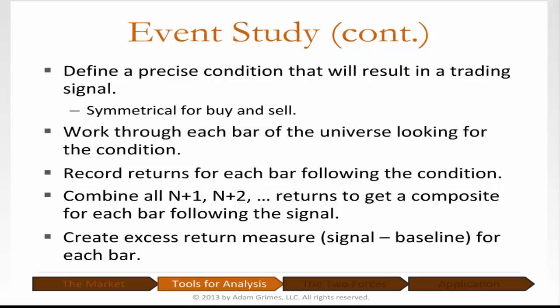What you do once you have gone through each bar of the universe and identified the condition, you then look at returns following what happened after this condition occurred historically. You look at the next bar and the next bar, and you can decide what time window you want to look at. And then you see the next slide.